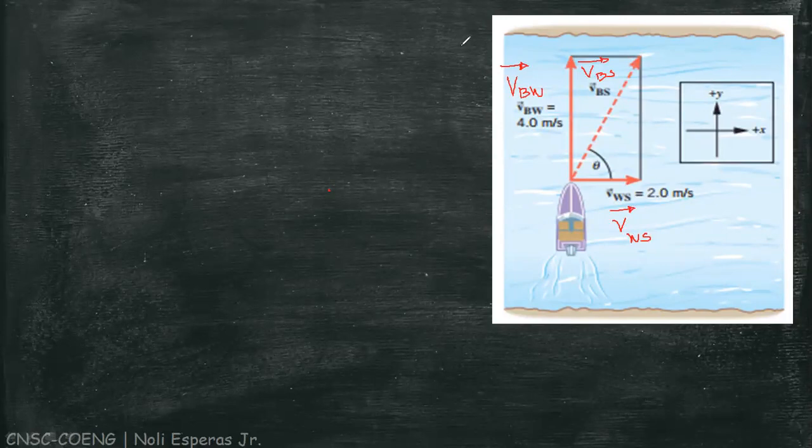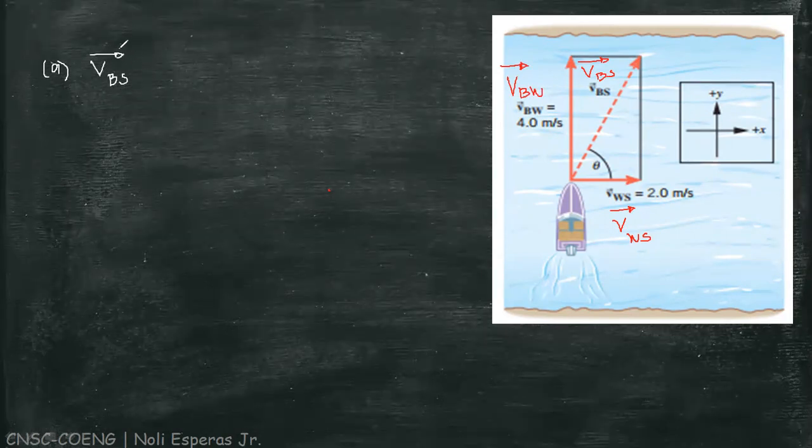So we are looking for the velocity V_BS of the boat relative to the shore.